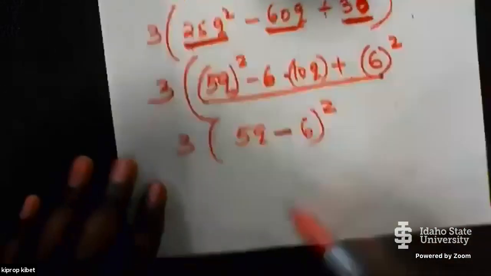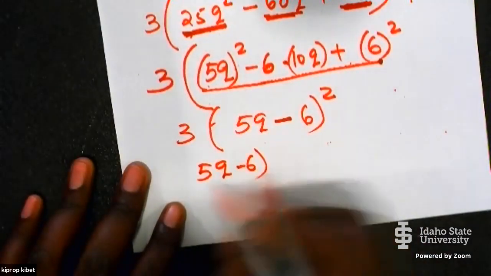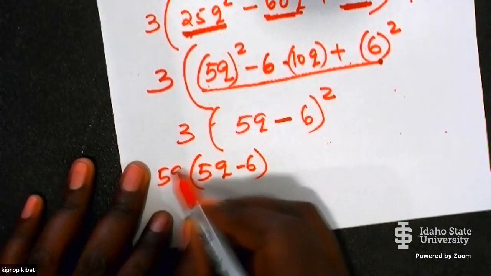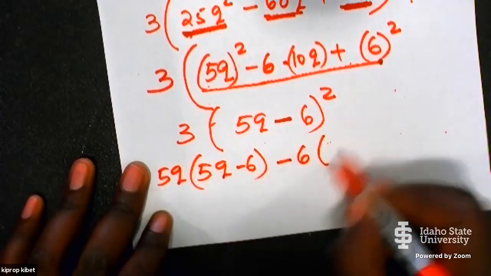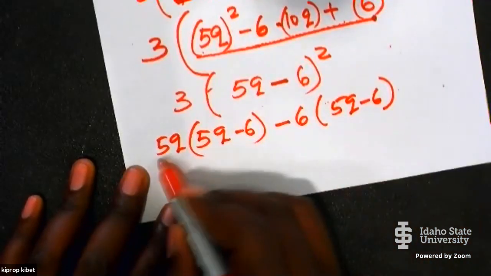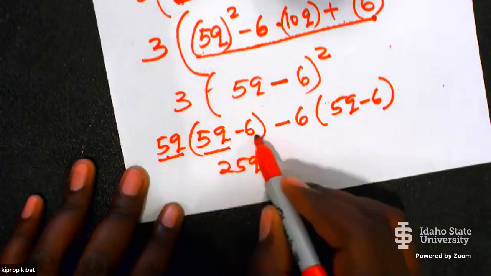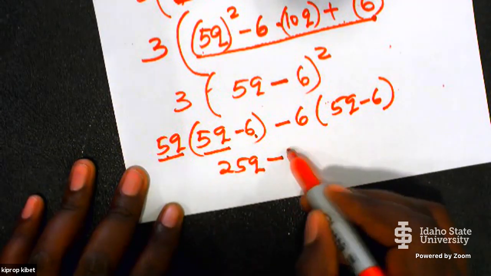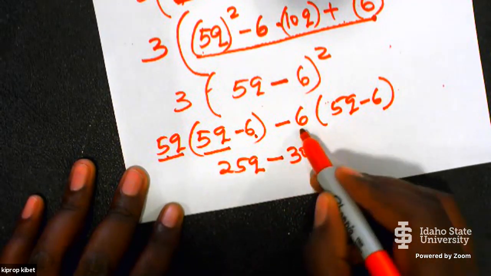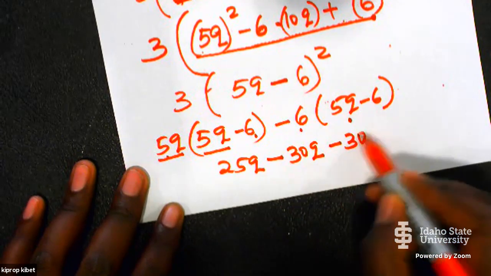So if we expand this, then what you get is 5q minus 6, and then when you multiply by 5q minus 6, then what you get is 25q squared there. And this will be what? Minus 30q. This one will give us what? Minus 30q there.